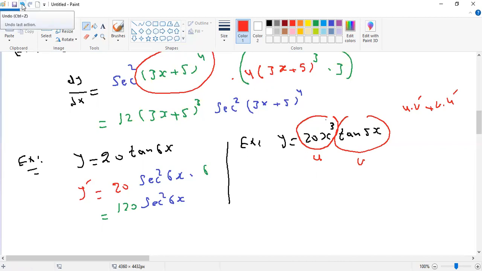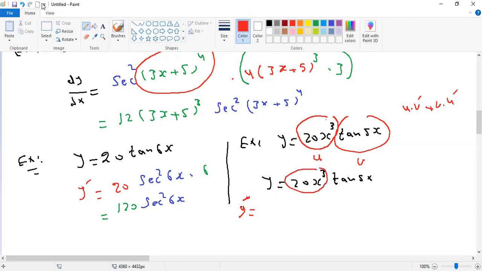Now to find the derivative of this one, let's rewrite it. The question is 20x cubed times tan 5x. Now the derivative y prime, or dy/dx: the first one is 20x cubed, this is the u. So the rule is the first, 20x cubed, multiplied by the derivative of the second.